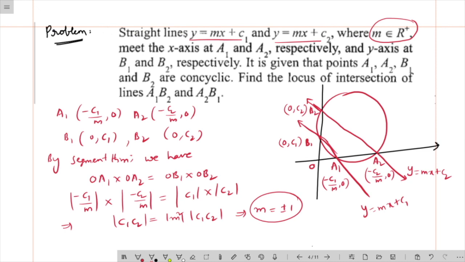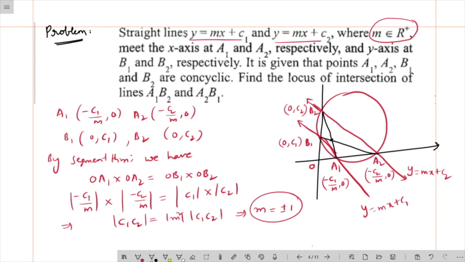He was asking to find the locus of the intersection of the two lines A1B2 and A2B1. This is the line A1B2, and this is the line A2B1. So he is asking about the point of intersection of these two lines.